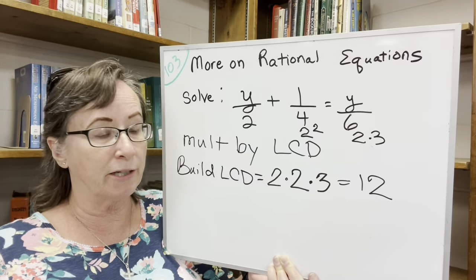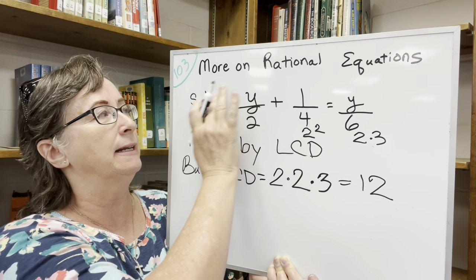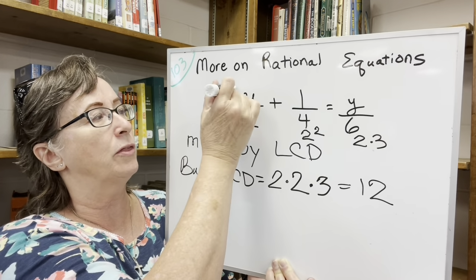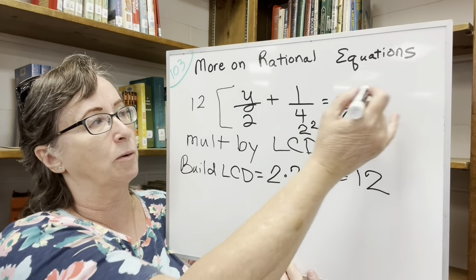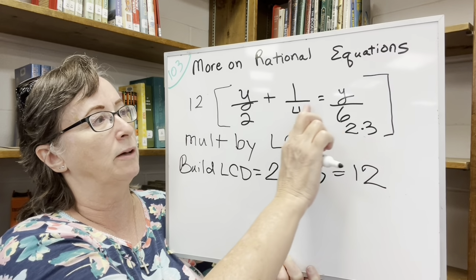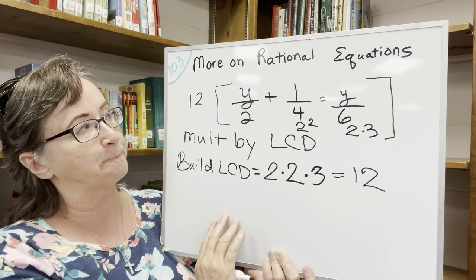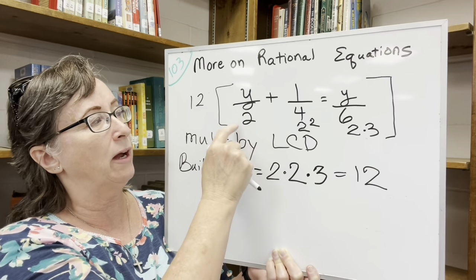So now what we're going to do is we're going to take 12 and multiply it all the way across both sides of the equation. I'm just going to do it like this so I can show that 12 is going all the way across. Okay, so 12 times y over 2.